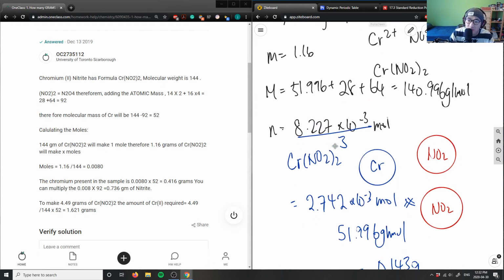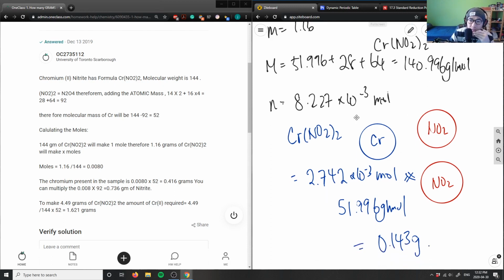They're not even dividing by 3 here, they're simply multiplying by the mass. So actually, I don't think you have to divide by 3 here.